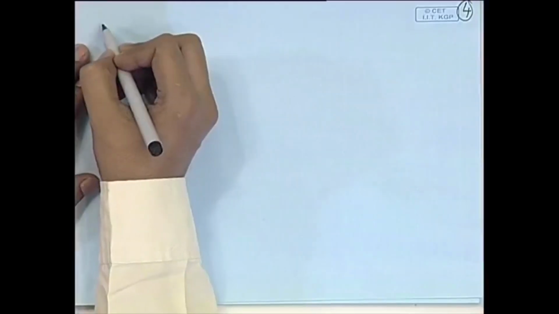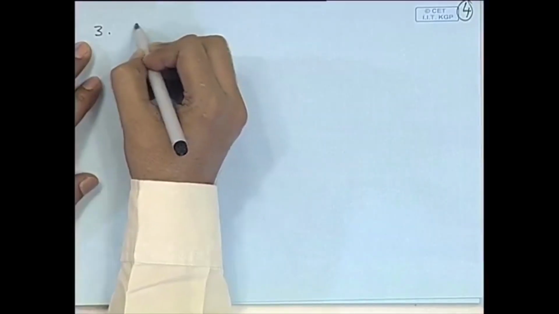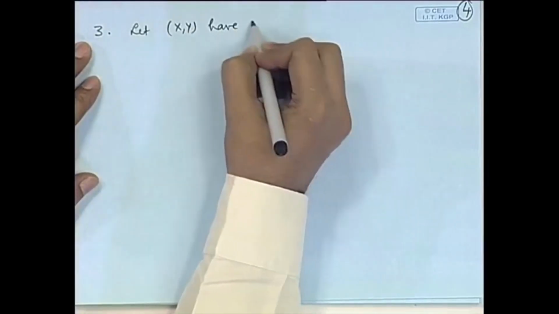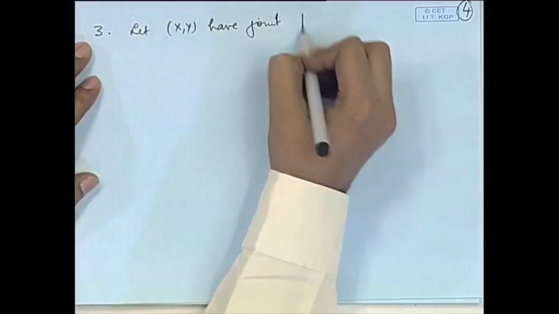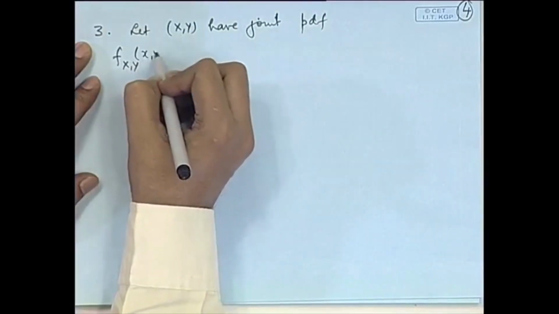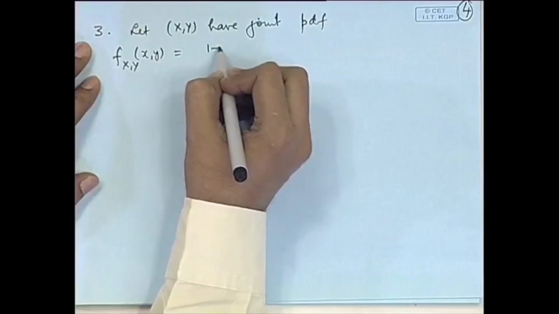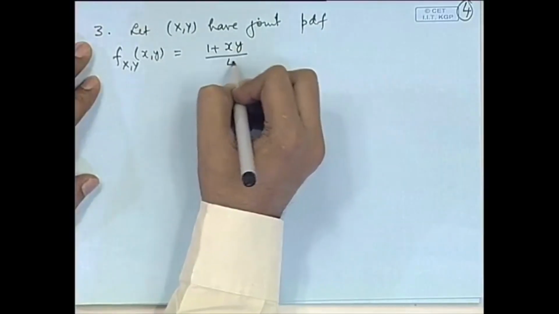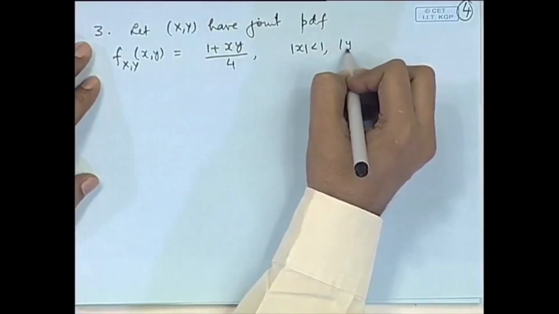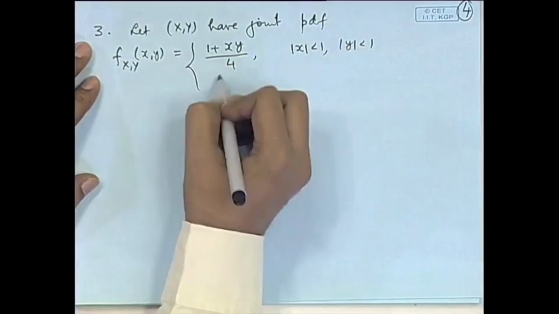Let us consider, say, let x and y have joint probability density function, say f x y, given by 1 plus x y by 4, where modulus x is less than 1 and modulus y is less than 1, 0 elsewhere.